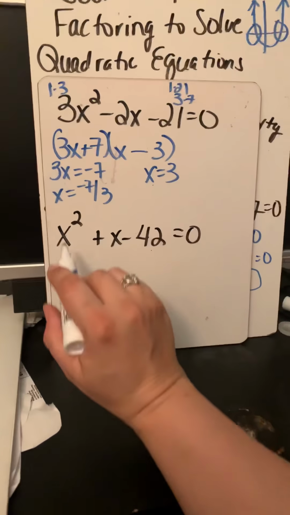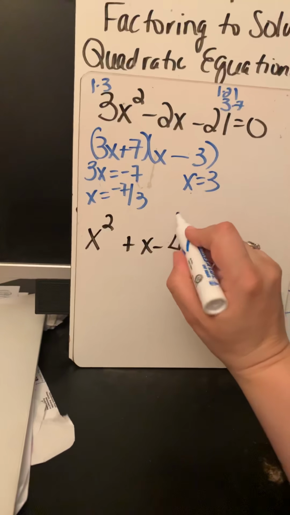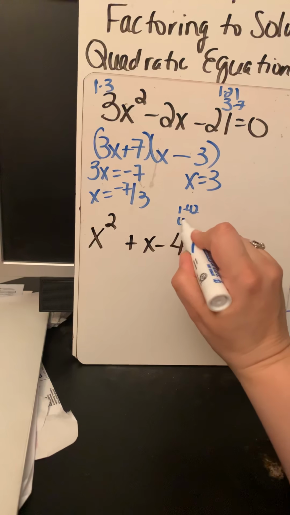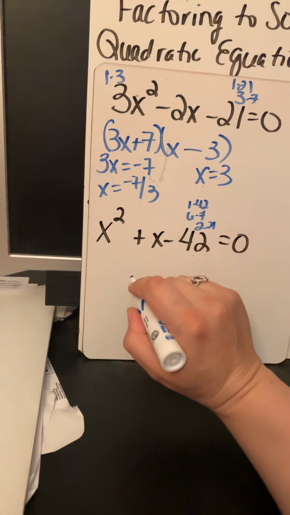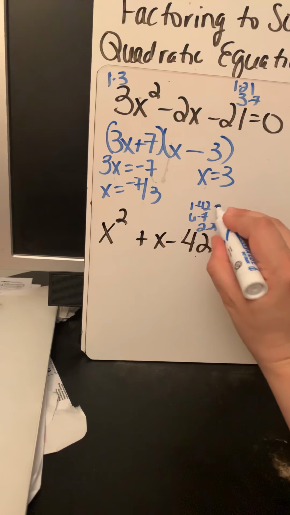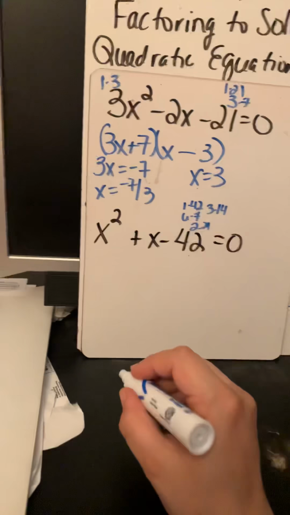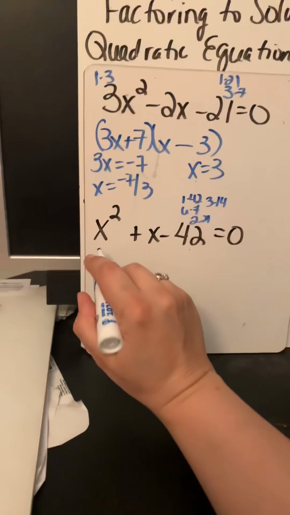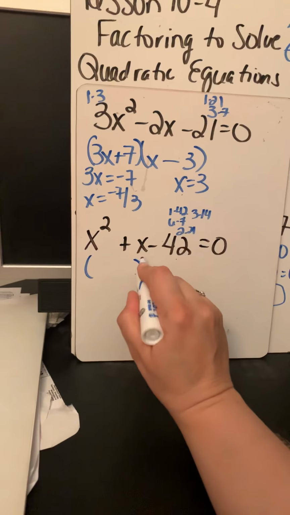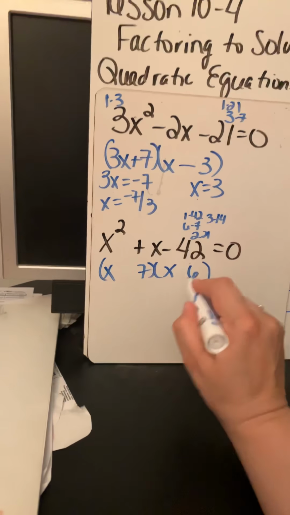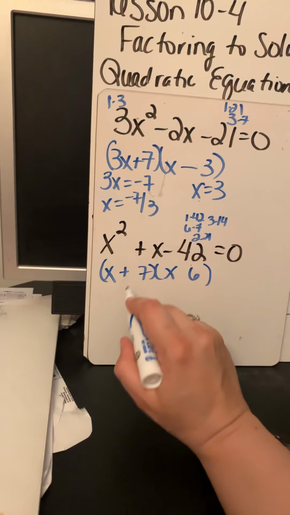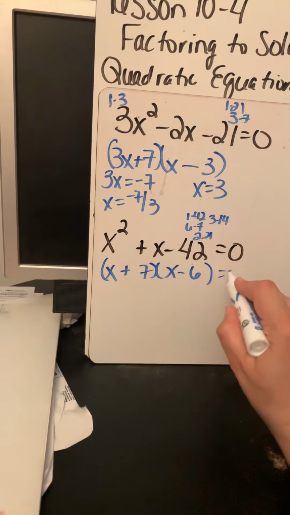This one here, factor. What factors of 42? 1 and 42, 6 and 7, 2 and 21, 3 and 14. Which ones give me 1? 6 and 7. X, 7, 6. Plus minus means bigger numbers plus, other ones minus.